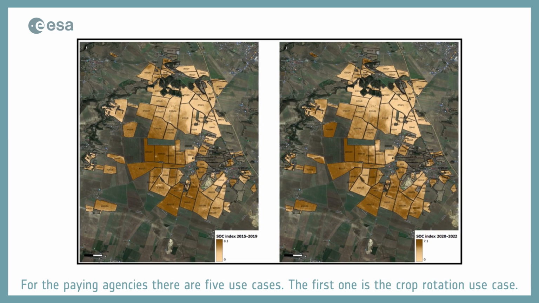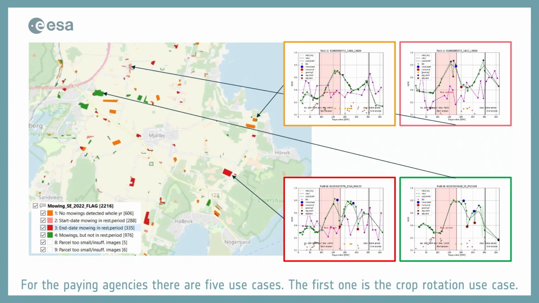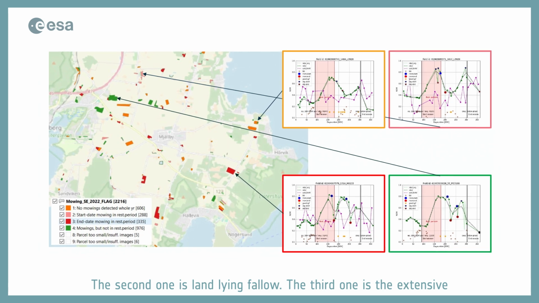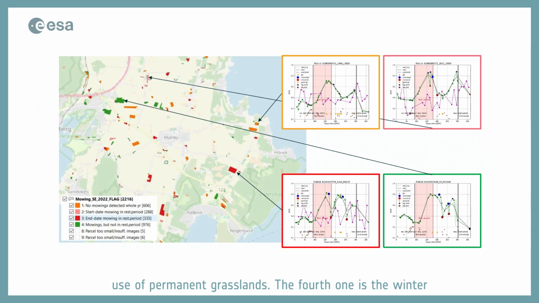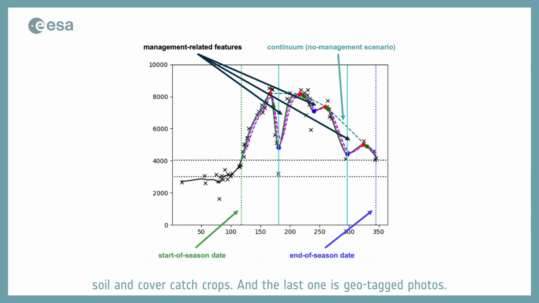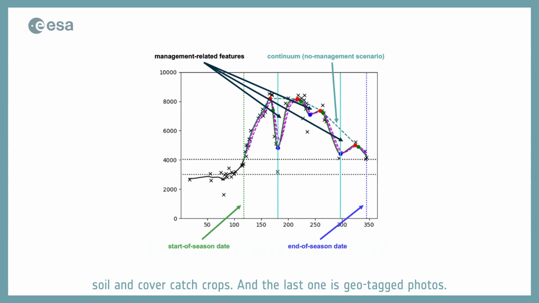For the paying agencies, there are 5 use cases. The first one is the crop rotation use case. The second one is land lying fallow. The third one is the extensive use of permanent grasslands. The fourth one is the winter soil cover and catch crops. And the last one is geotagged photos.